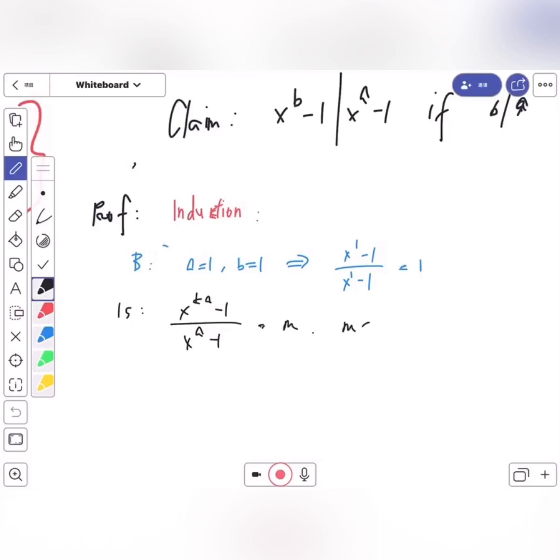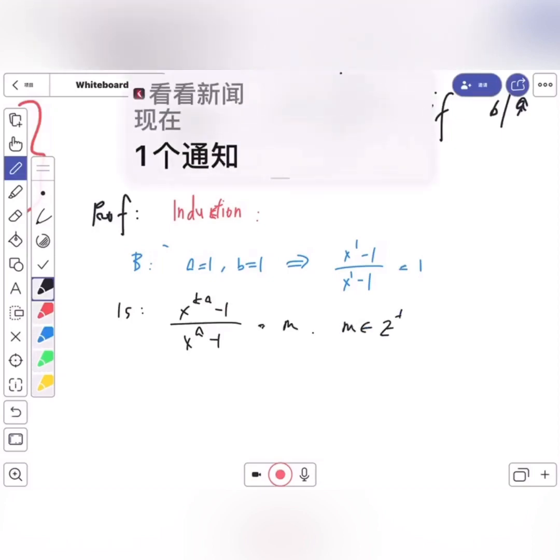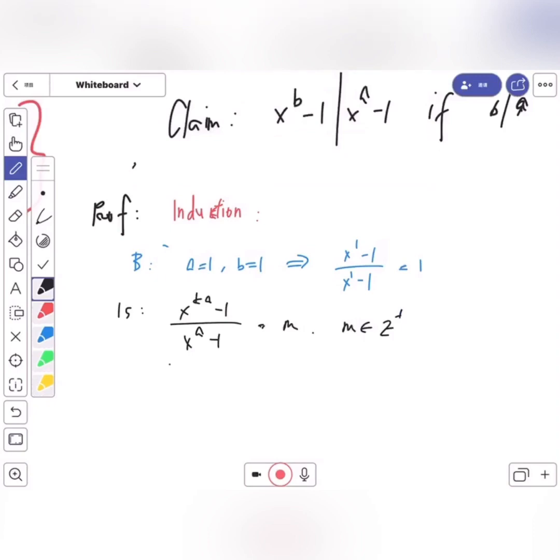Now, since this one is true, what if we make it x to the (k plus 1)a? So x to the ka minus 1 is equal to m times x to the a minus 1.